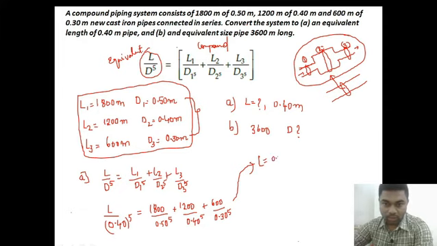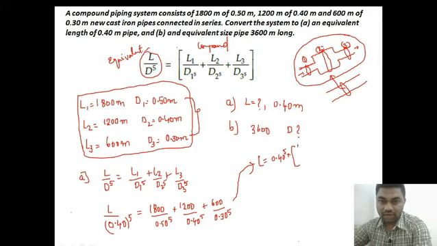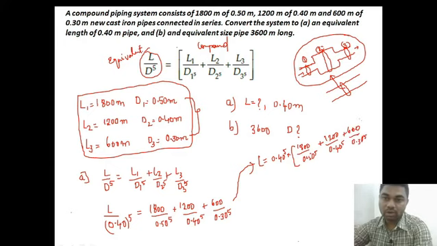Multiply 0.40 whole to the power of 5 into this: 1800 by 0.50 whole to the power of 5 plus 1200 by 0.40 whole to the power of 5 plus 600 by 0.30 whole to the power of 5.